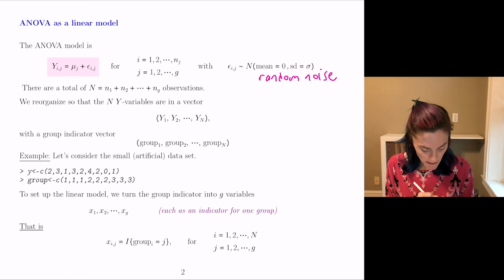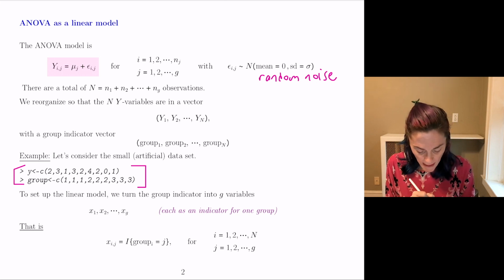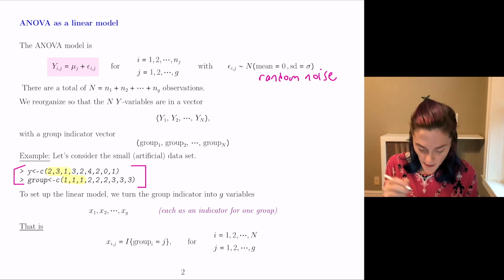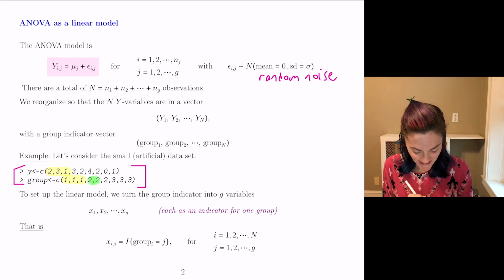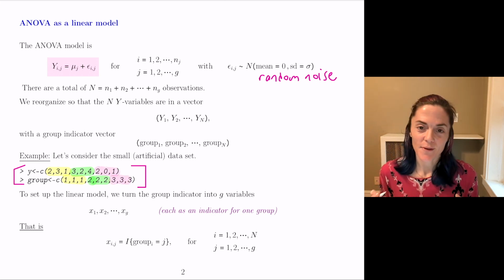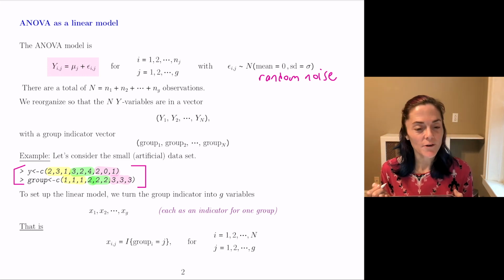So last time we saw this example, and I will look at it some more today. But you see here are the groups. 2, 3, 1 came from group 1, and then 3, 2, 4 came from group 2, and then 2, 0, 1 came from group 3. 9 observations in total. Wonderful.